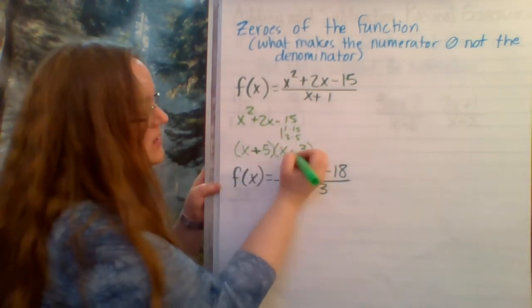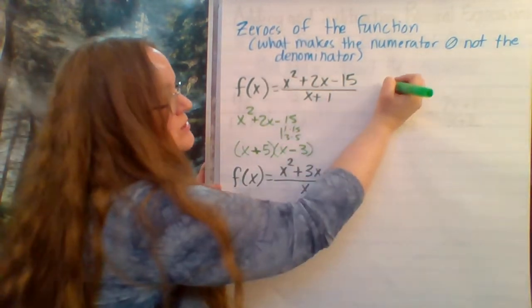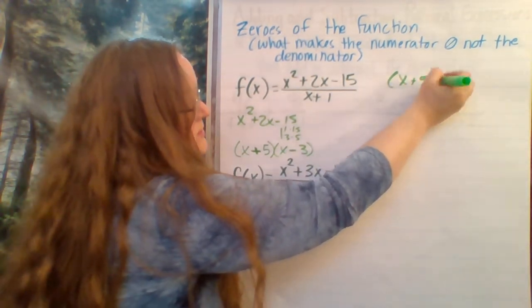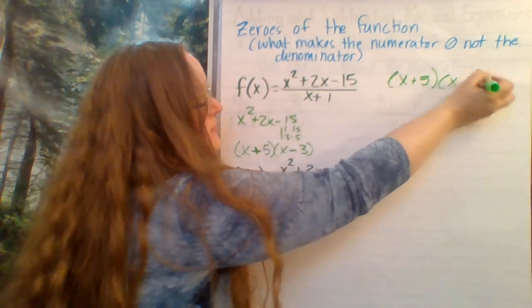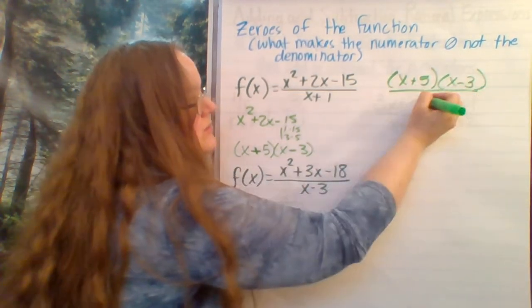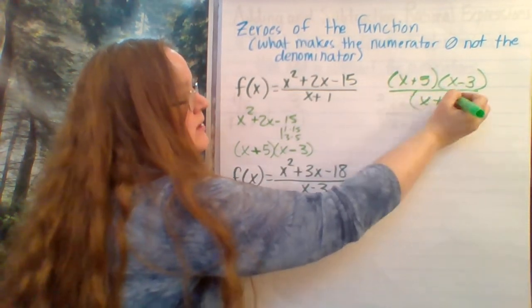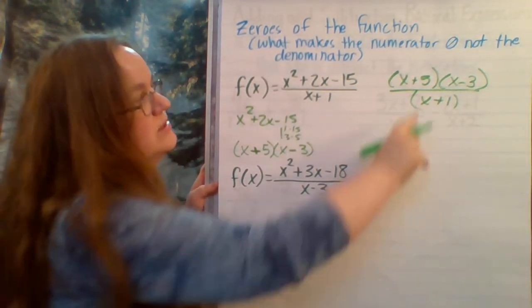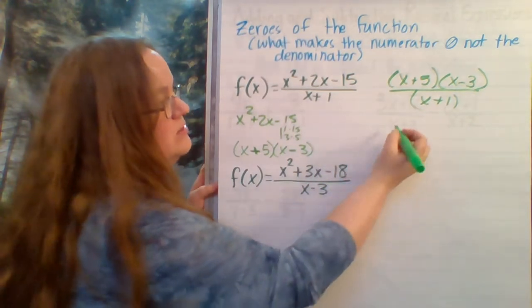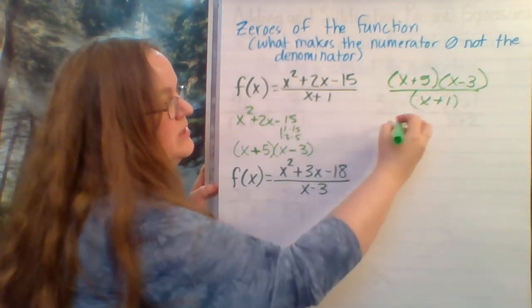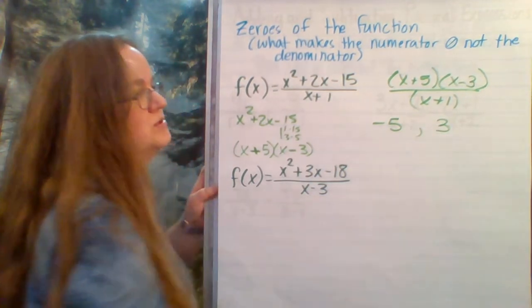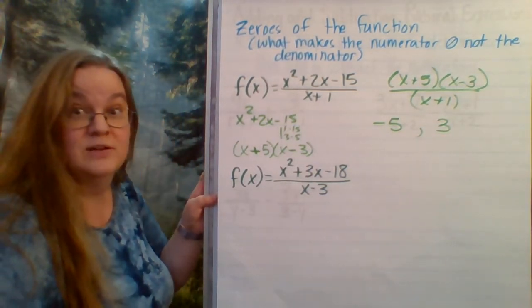So this is a plus 5 and a minus 3, which comes out to x plus 5 times x minus 3, all over x plus 1. I can't cancel anything in this one, so the zeros are the two things that make the numerator 0. For this one it would be negative 5, and for this one it would be positive 3. So those are the two zeros for this function.